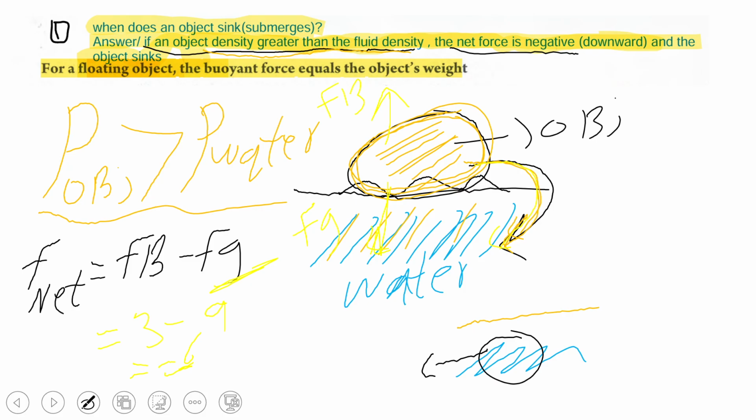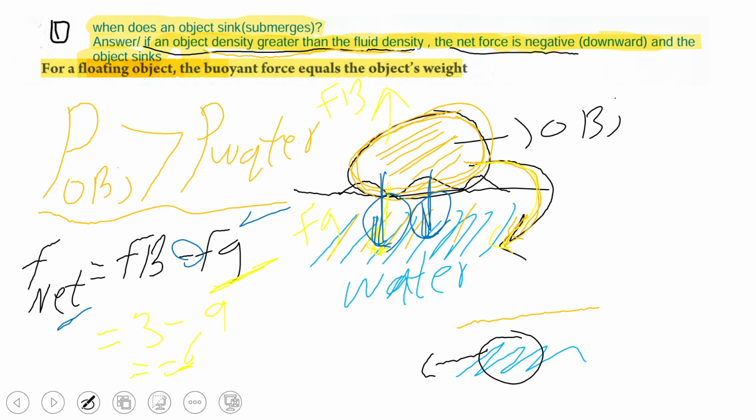Because when the object comes under the water, it's in the same direction as the gravity force, since gravity always acts downward. So in that case, Fg has the greatest value, and the final answer, the net force, will be negative.